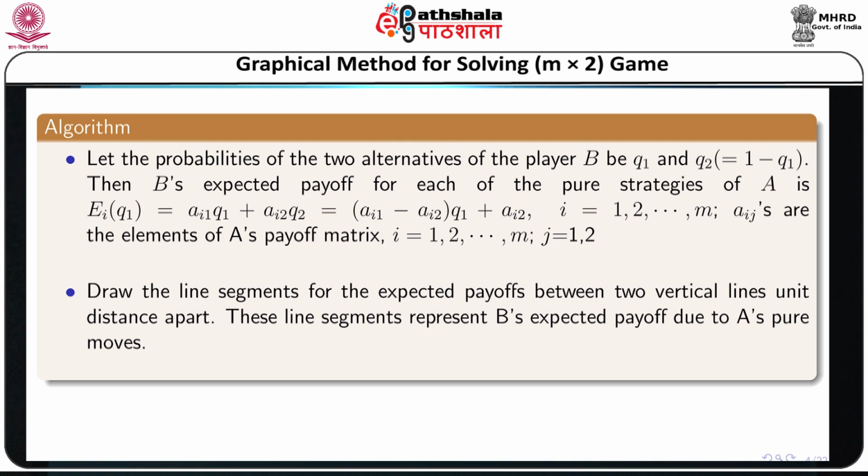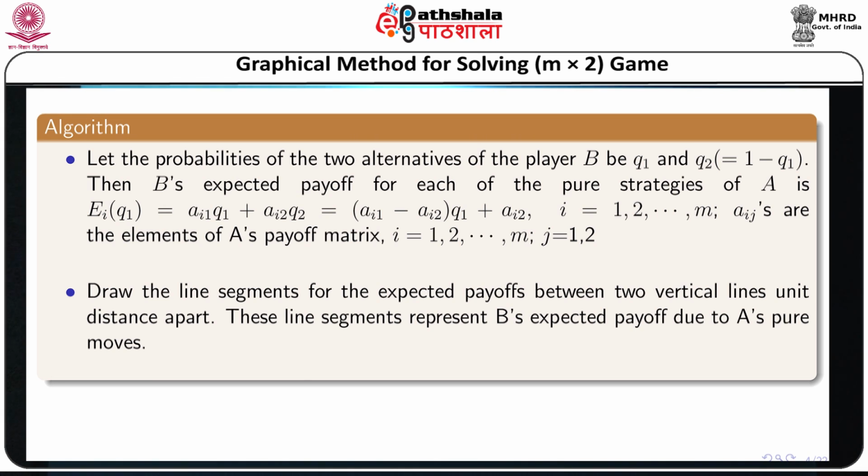Then B's expected payoff for each of the pure strategies of A is Ei(Q1) = ai1 Q1 + ai2 Q2, which can be simplified as (ai1 - ai2) Q1 + ai2, for i equal to 1 up to m, and aij are the elements of B's payoff matrix.